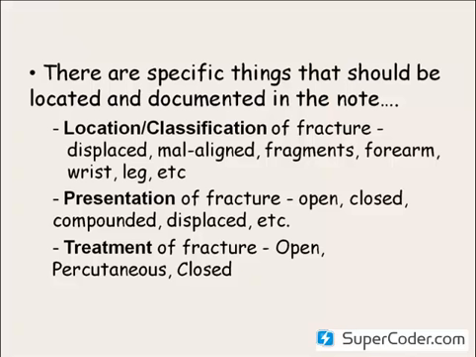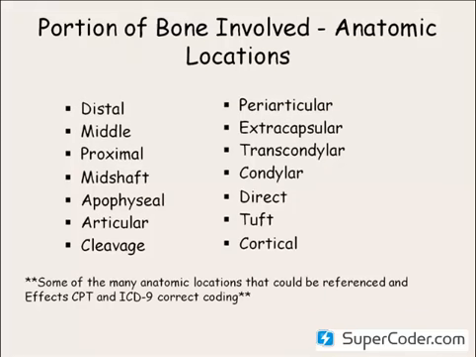On slide number 5, this is the area, the anatomic location of the bone. This is one of my biggest pet peeves, because they will say that they had a distal shaft tibia fracture, where there is no such thing as a distal shaft. The bone is divided into 3 parts, thirds. You've got the proximal, the shaft, and the distal.